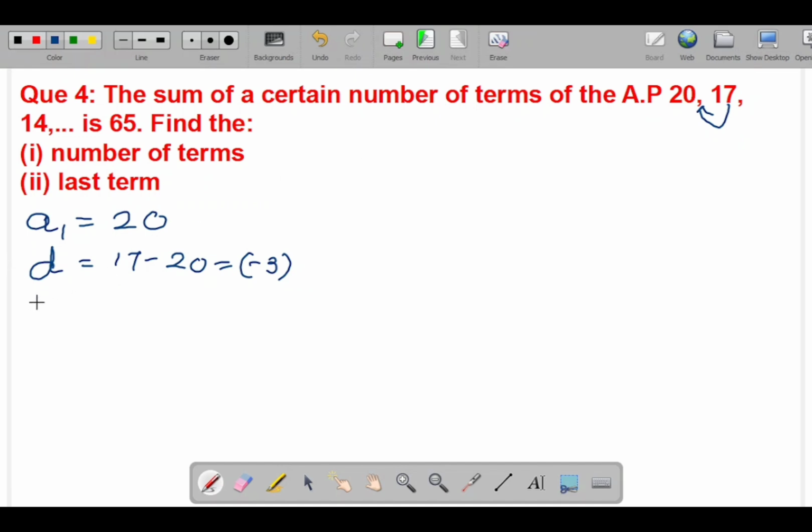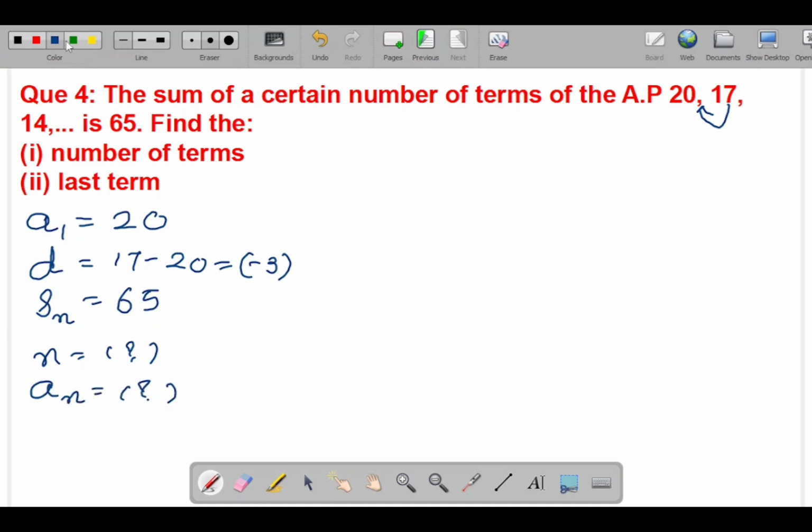Now here, instead of giving the nth term or number of terms, they have given Sn. They have given Sn equals 65. The sum of terms is equal to 65. And our question is to find the number of terms, that is, how many terms if I put there, then the addition will come to 65. And also the question is to calculate the nth term, the last term.